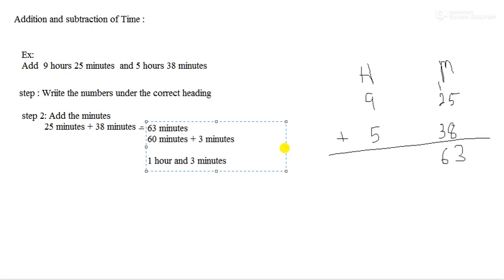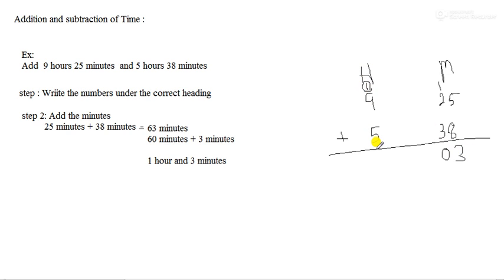So here we have 1 hour 3 minutes. So what we have to do here? We have 63 minutes, so we have to remove this 6 and put the 0 here and take a carry 1. So here 1 hour 3 minutes, so 03 minutes. Now add the hours.